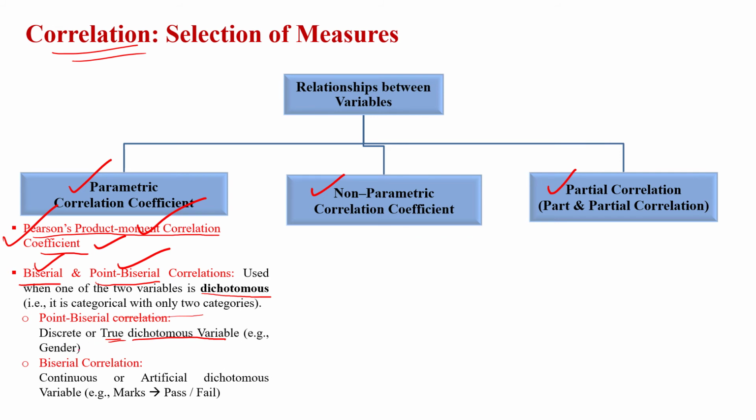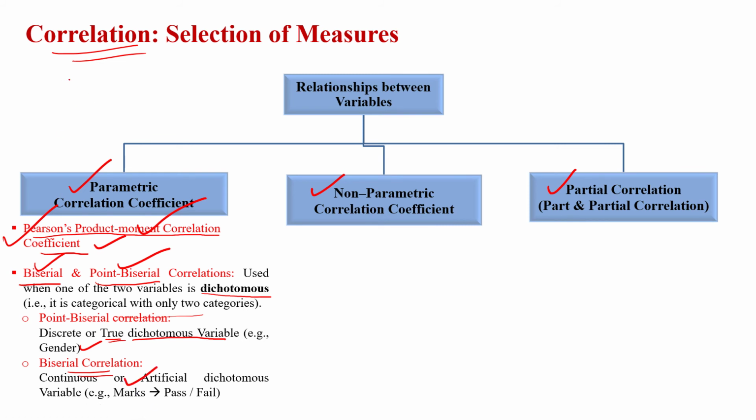True means such as gender, whether it is male or female, a boy or a girl. Whereas biserial correlation can be applied when one of the variables is artificially dichotomous. Artificially dichotomous means we have made a continuous variable into a dichotomous form.